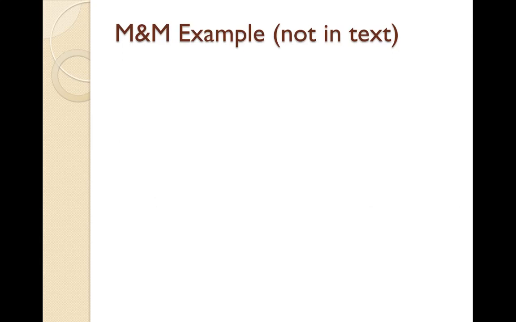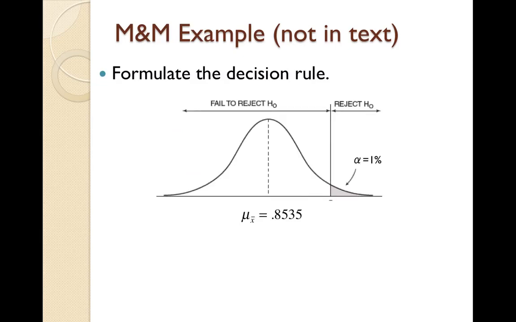Okay, the decision rule. Remember, our alpha in this problem is 1%, and it's a test that's on the right-hand side because the alternative hypothesis uses the words greater than or more than. So we're going to shade the far right tail, the upper right tail, with 1% for alpha. The x bar in this problem may fall over here, to the left of this vertical line, or it may fall on the right side of the vertical line.